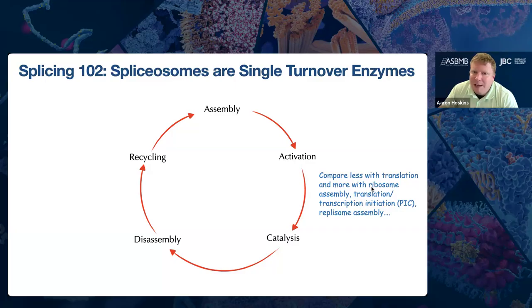I think you're better off comparing the splicing process with processes such as ribosome assembly, initiation of translation or transcription, so PIC assembly, or replisome assembly. I think these are all similar types of processes compared with spliceosome assembly and splicing.